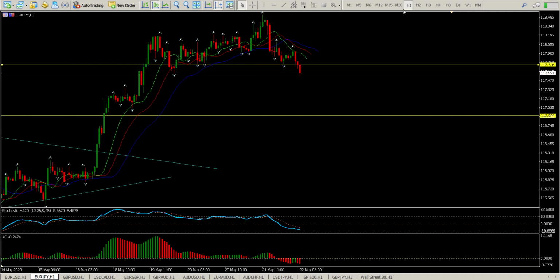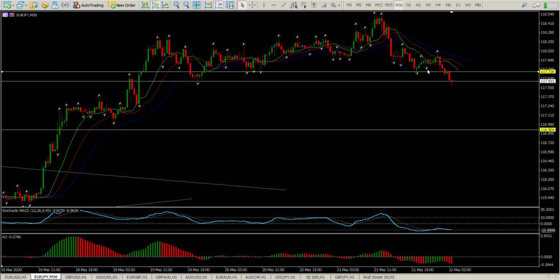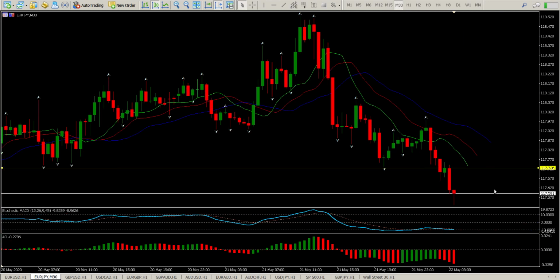We're looking for a test of that. Come back to here. And you can see there's also another 3-bar setup. And there it is there. Okay, so big bar down, baby bar up, big bar down, 3-bar setup, breaking through.